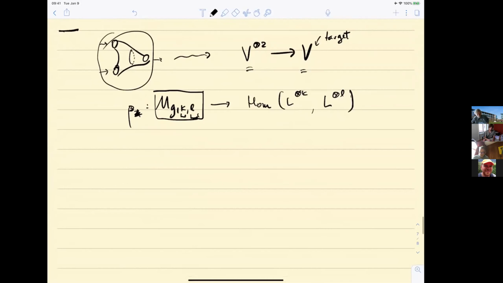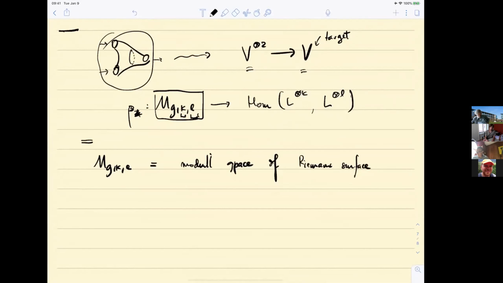Now let me try to say again what these notations mean. M G K L means the moduli space of Riemann surfaces with K plus L punctures, genus G. K of these punctures are designated inputs.